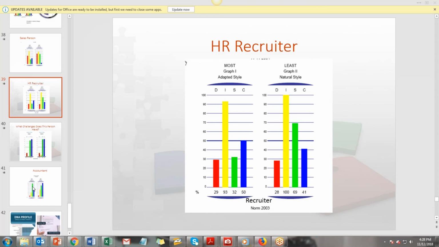So let me have everybody just turn to page 142 in the textbook. If you see a really high I like that, 100% at home and 93 at work, what are the probable strengths of this person? They're socially and verbally aggressive, very optimistic, good at persuading people, can see the big dream and communicate it.